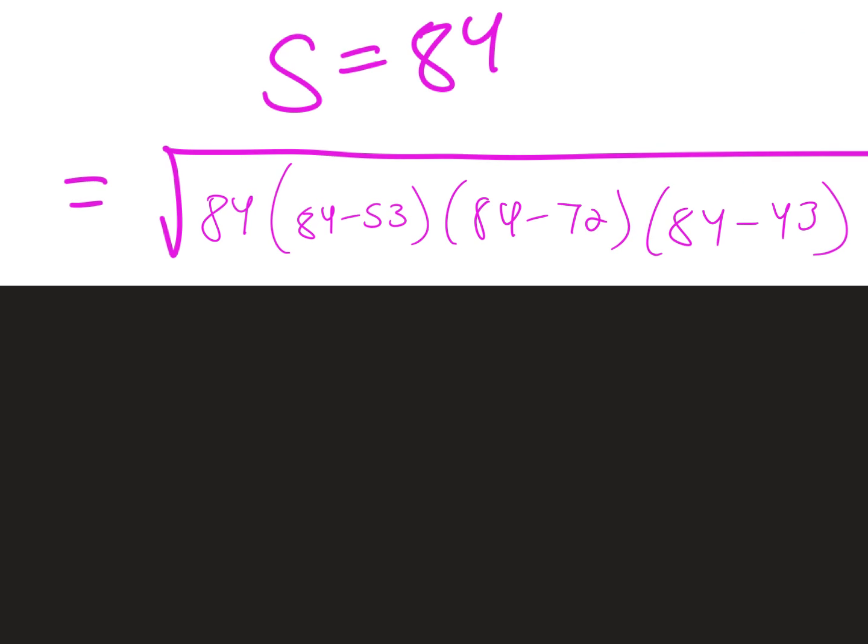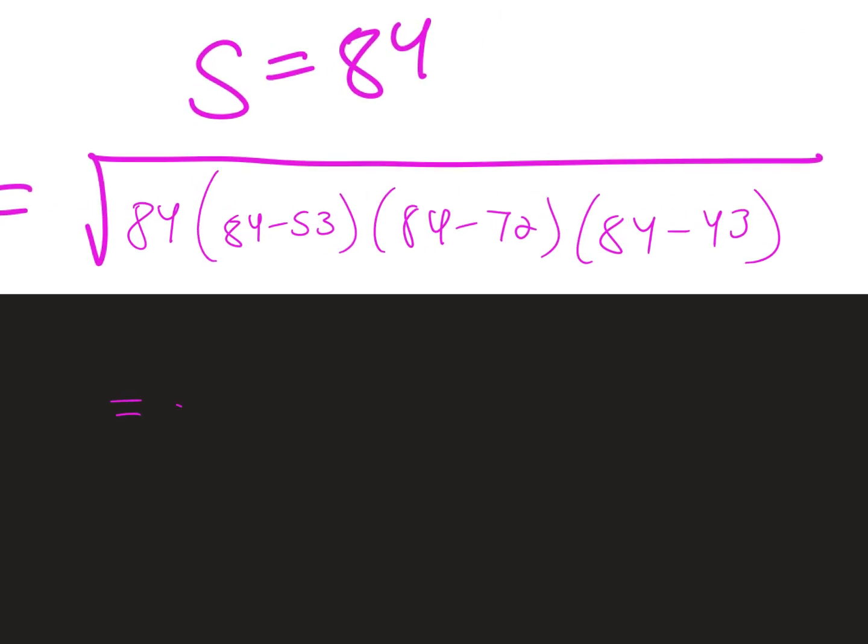Now again, the reason why this is going to be done in your calculator and then on a PDF is because some of you will put all of this in at one time and get an answer. Some of you will do piece by piece by piece by piece, and then it depends on however you do it, you'll be rounding at different stages. So I'm just going to go ahead and simplify here just so you guys can see everything.